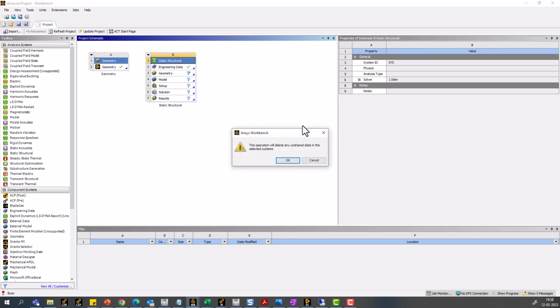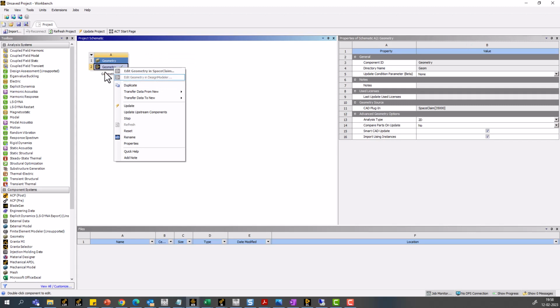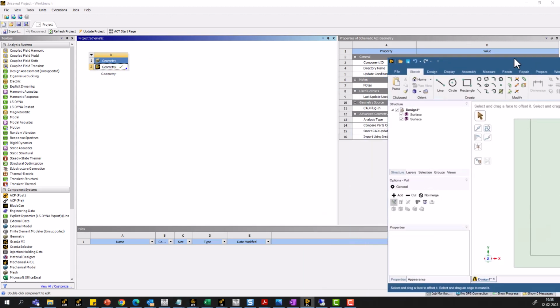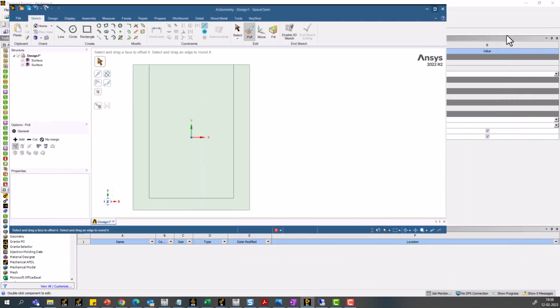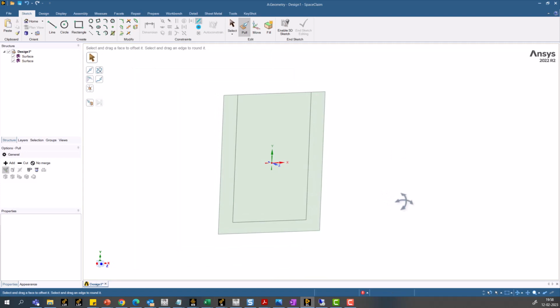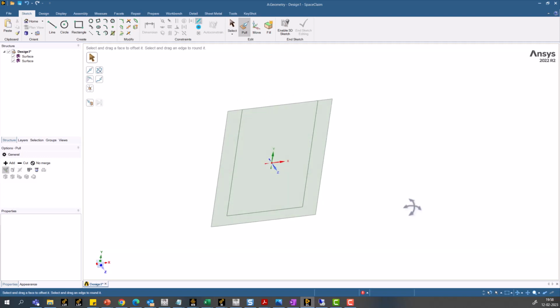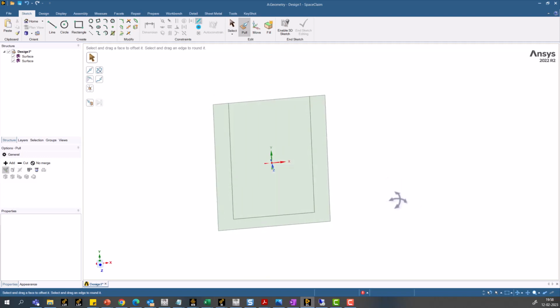Now the next thing is that I will open the geometry part and show you what else we need to consider. Whatever geometry you create must lie in the xy plane. If the geometry is offset and doesn't completely lie in the xy plane, again you will start getting an error message.